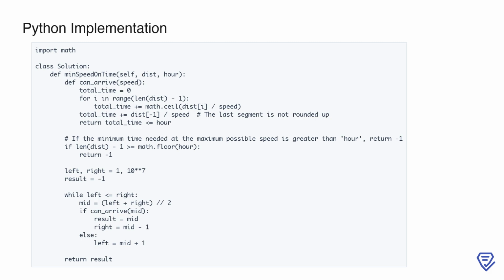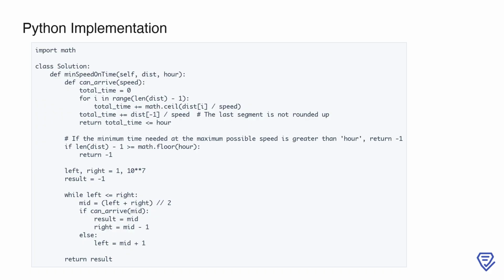4. The binary search loop. In the loop, we calculate the middle speed, mid, and check if it's possible to complete the journey at this speed using can_arrive(mid). If yes, we update result and narrow the search range to potentially find a lower speed. If no, we increase the speed range, left equals mid + 1, to explore higher speeds. 5. Return the result.